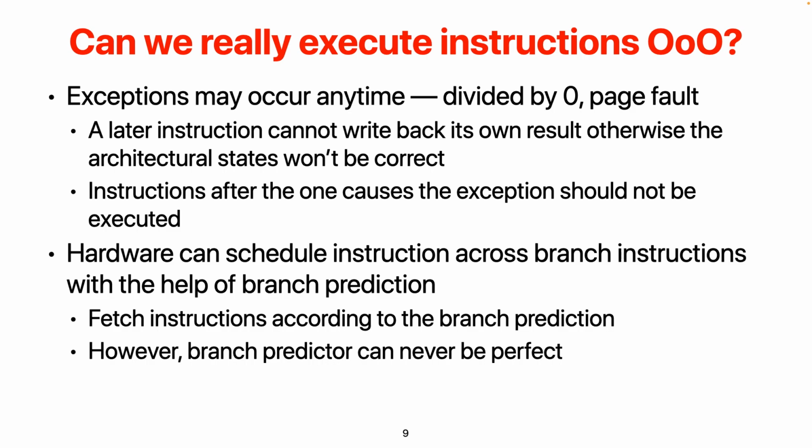And also, even though there's no branch prediction involved, during normal instruction execution there are always exceptions. For example, if I have a data memory access instruction, it's pretty natural that once in a while you will meet an event called a page fault, because the page is not mapped to physical memory yet. At that moment it triggers an exception, and it requires the operating system to handle that fault.